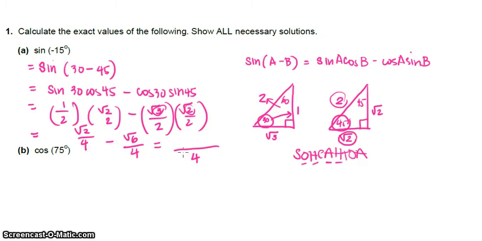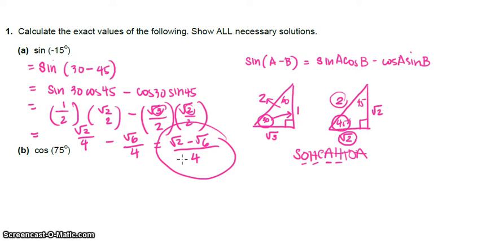The same denominator, so that's 4, and then you write square root of 2 minus square root of 6. This is the value of sine negative 15. You will not be asked to simplify this in decimal form. So once you reach this expression, you can already stop the solution.